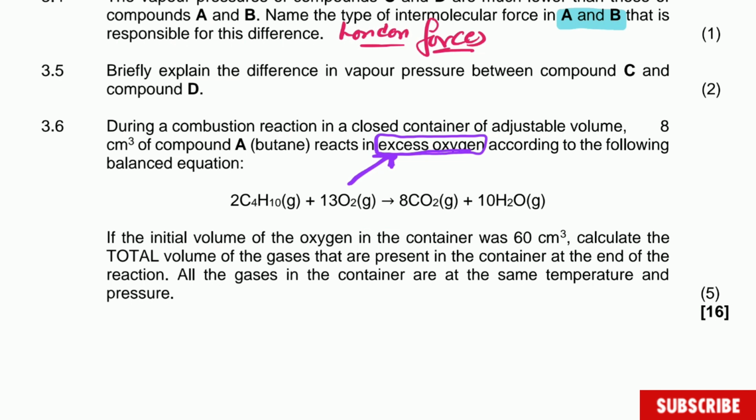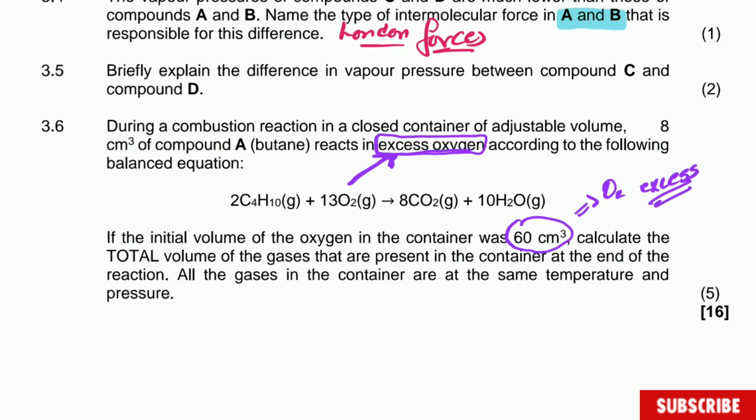If the initial volume of oxygen in the container was 60 cubic centimeters, but remember, this oxygen, O2, is in excess. Calculate the total volume of the gas that are present in the container at the end of the reaction. All the gas in the container are at the same temperature and pressure.